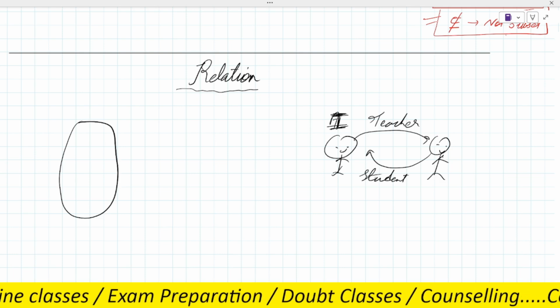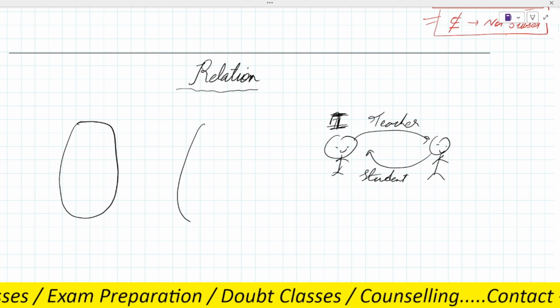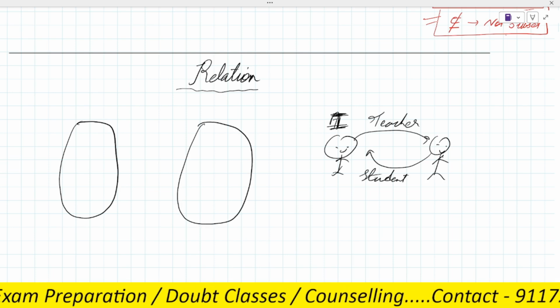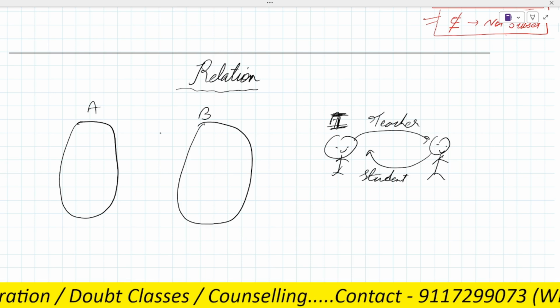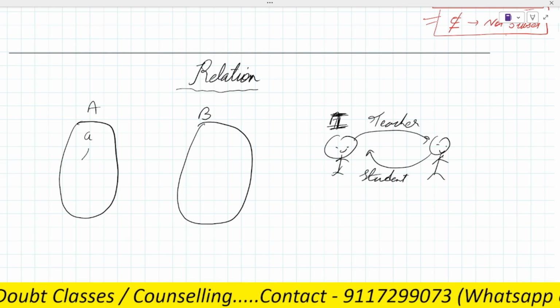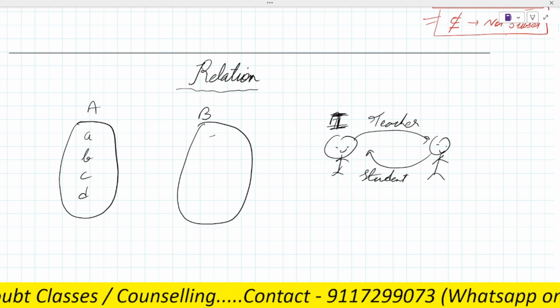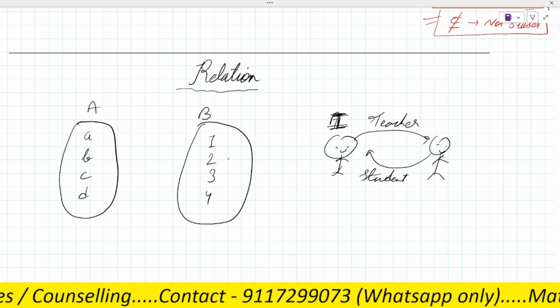In the same way, in mathematical language, just listen here. Suppose there are two sets, the set A and the set B. The set A has some elements A, B, C, D. The set B also has some elements.